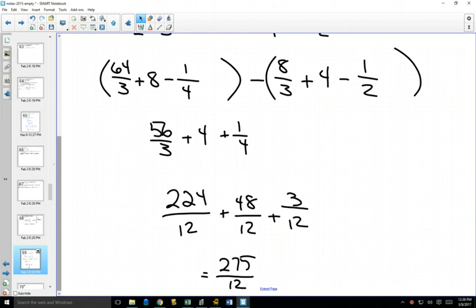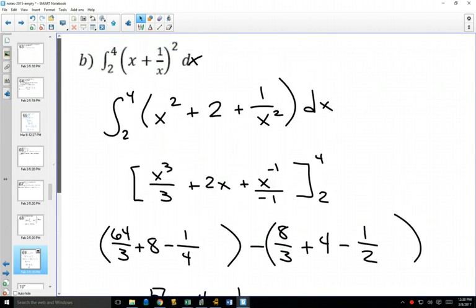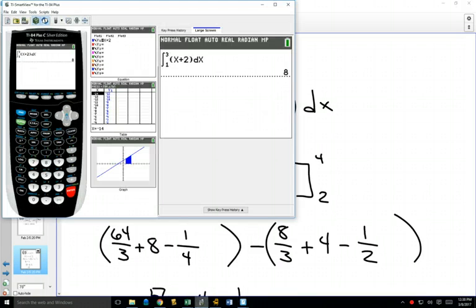Did someone do it on their calculator to check what the answer would be? So I can go back to this now, and I can go to my graphing calculator. I can go Math 9 and type in my original equation like I have. We were figuring it out from 2 to 4 of x squared, x plus 1 over x, was it?